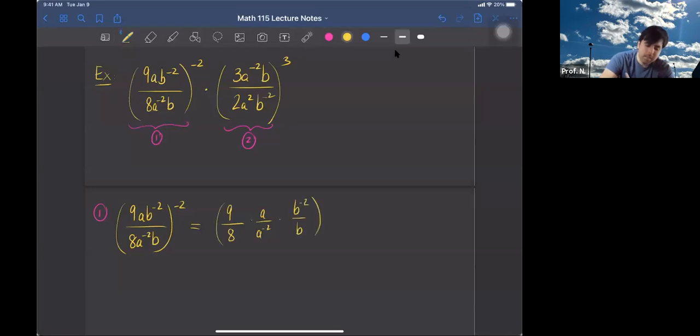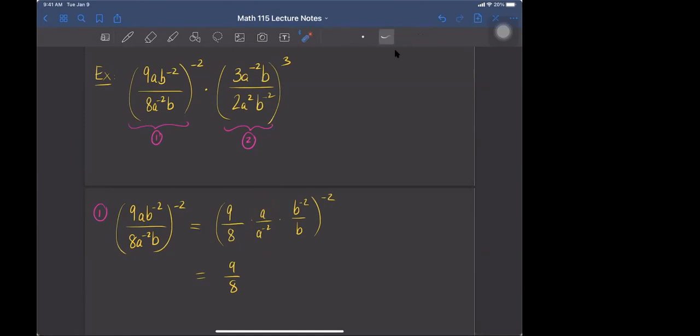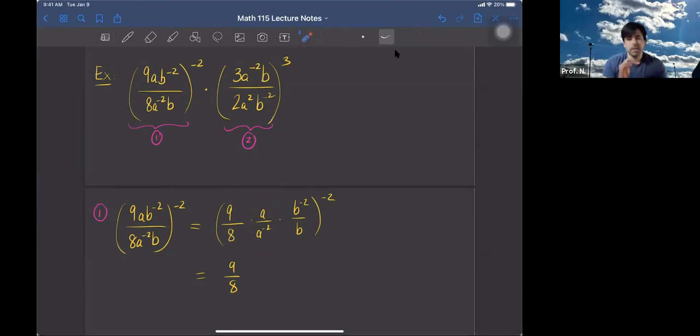This whole thing is to the negative 2. What's a divided by a to the negative 2? What does this become? So remember, we have a to the first power. It becomes a to the second over a. So please be careful with that.